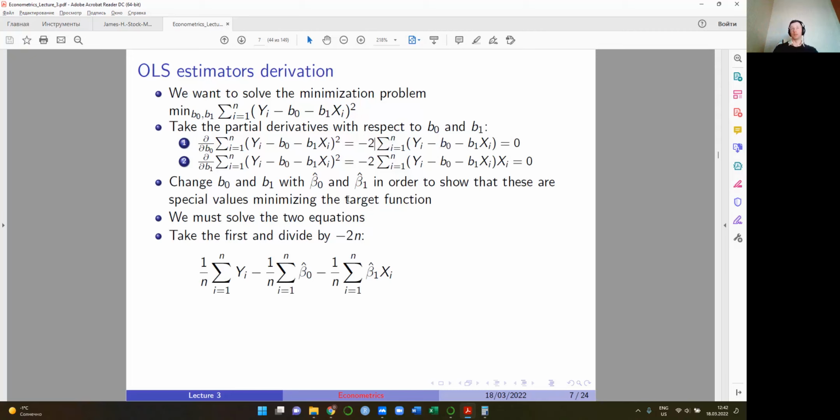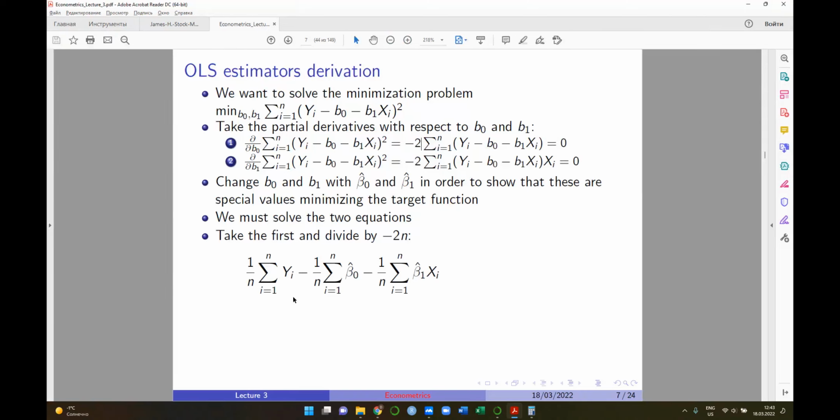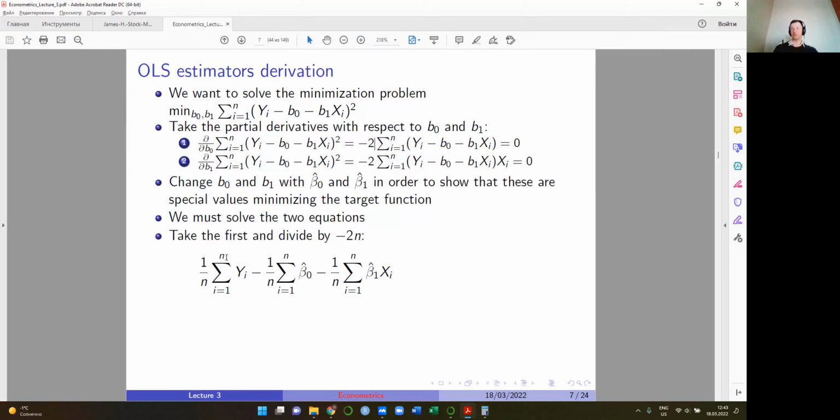First, 1 over n multiplied by the sum of yi. What is this? Who can help? What is the first term? Come on, friends, this is very simple. It's the sample mean of y.